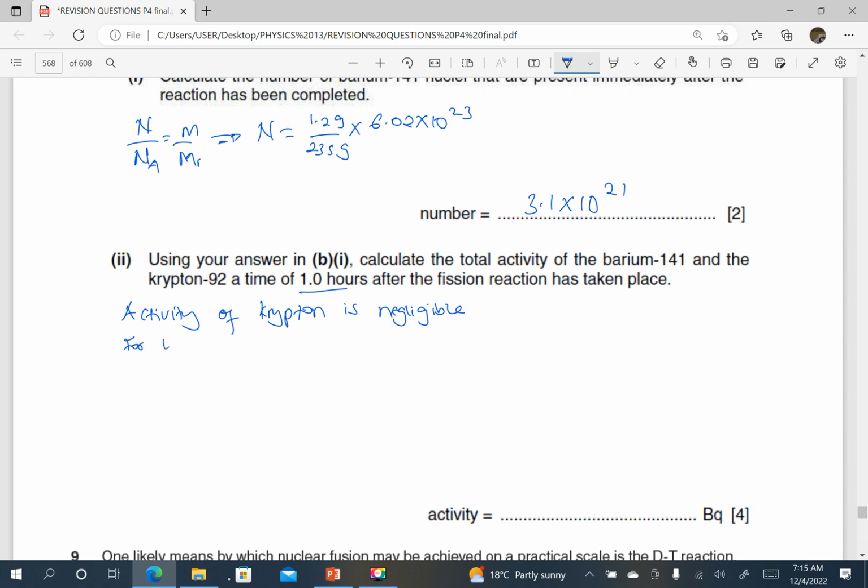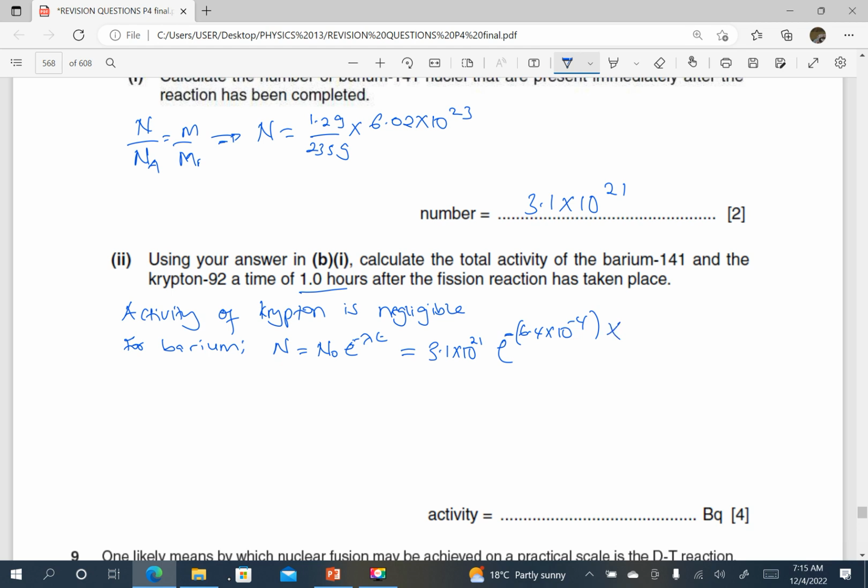So for barium, we know that N is equal to N naught e power negative lambda t. N naught is 3.1 times 10 power 21, e power negative the decay constant 6.4 times 10 power negative 4, times the time.